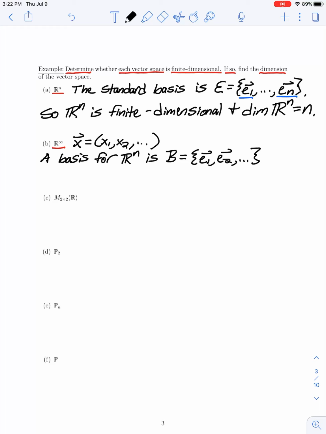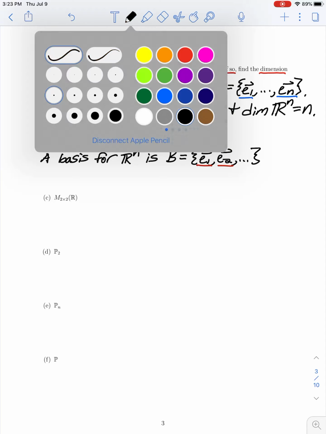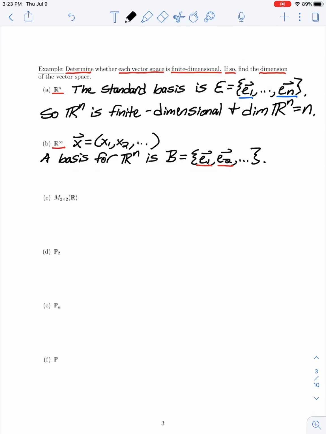But we have an infinite number of these basis vectors. E1, E2, and so on are the columns of an infinite dimensional identity matrix. For instance, E1 has a first entry of 1 and zeros everywhere else. E2 would be 0, 1 with zeros everywhere else. E3 is 0, 0, 1 with the remaining entries being 0, and so on. So here, since any basis would have to be infinite, we can say that R infinity is infinite dimensional.